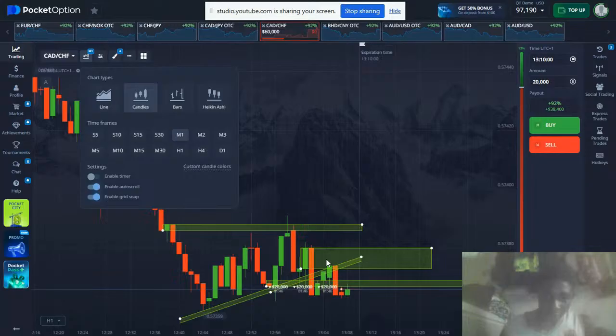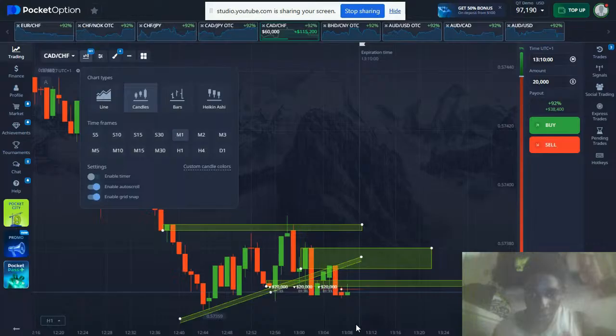I think I took it for 1 minute. I would have won this trade, right? But I'm still expecting this one to push down, to continue moving in the downward direction. I'm expecting to sell.